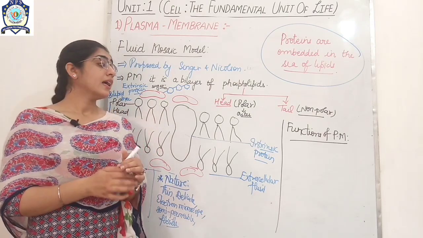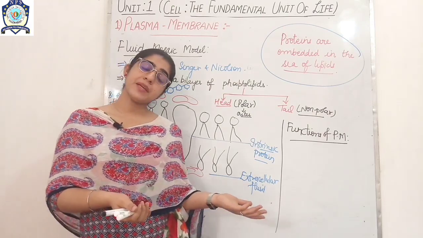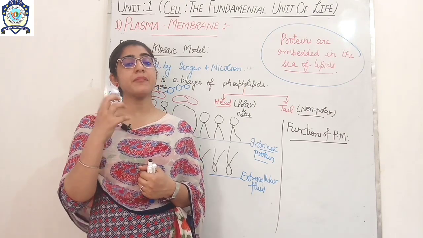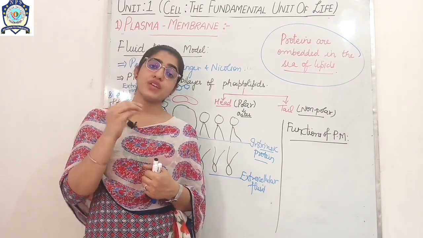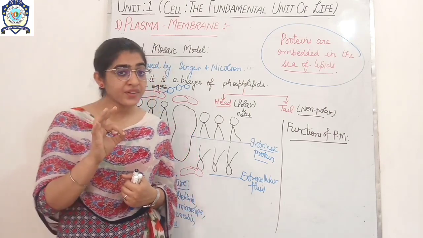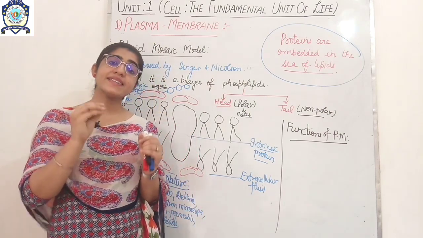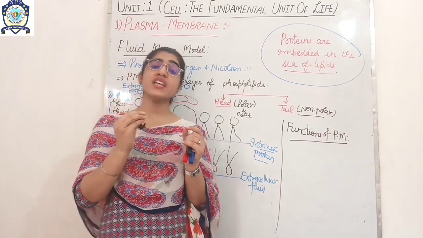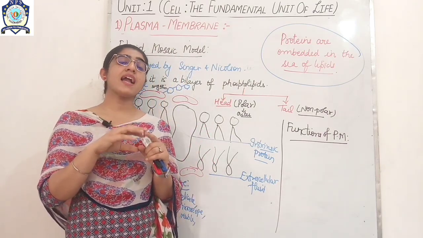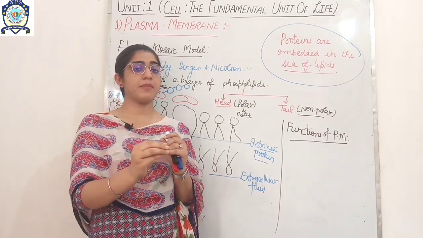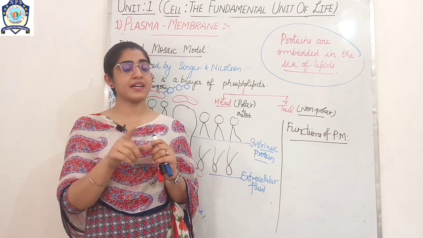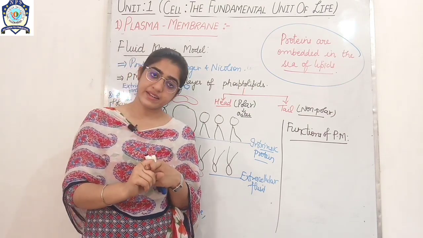Second one is as it is semi permeable in nature, so it allows only the selected material to move in and out of the cell. And the third one is it regulates the exchange of material between the cytoplasm and external environment and maintains the balance inside the cell. Is that clear?